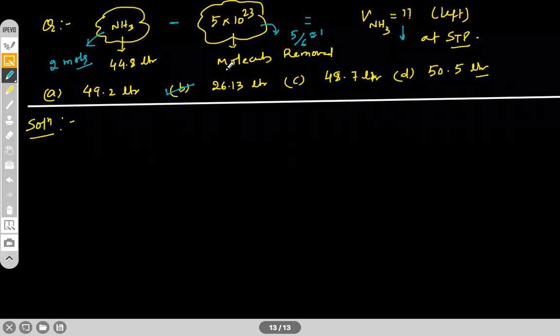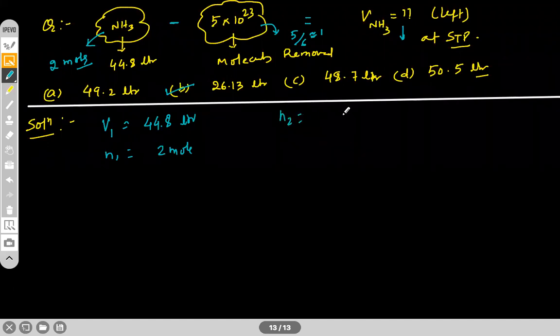Got it, no? So the actual calculation is this. V1 is 44.8 liter. N1 is 2 mole. N2 is 2 minus 5 by 6, that would be 7 by 6. V2 we need to find out.